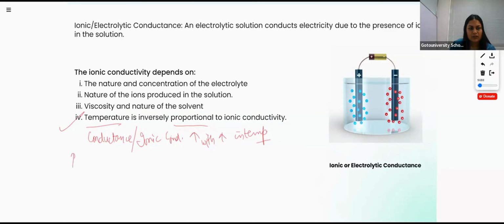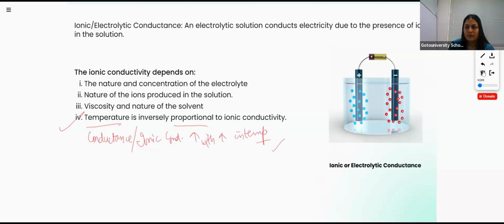How? See, with the passage of current through the electrolyte, changing its composition through electrochemical reactions. If the current is passing through an electrolytic solution at high temperature, its conductance will increase.